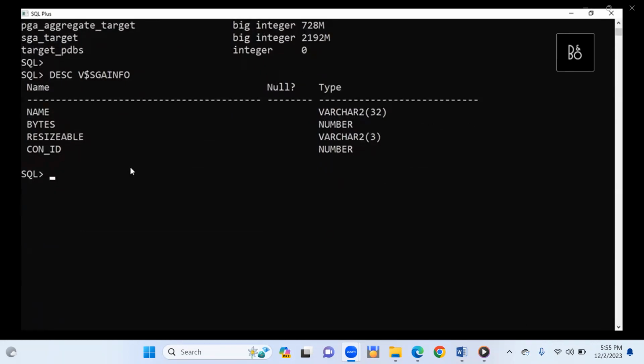Now let's see what is happening. Let me choose all of them. Select name, bytes, resizeable, con_id from V$SGAINFO.